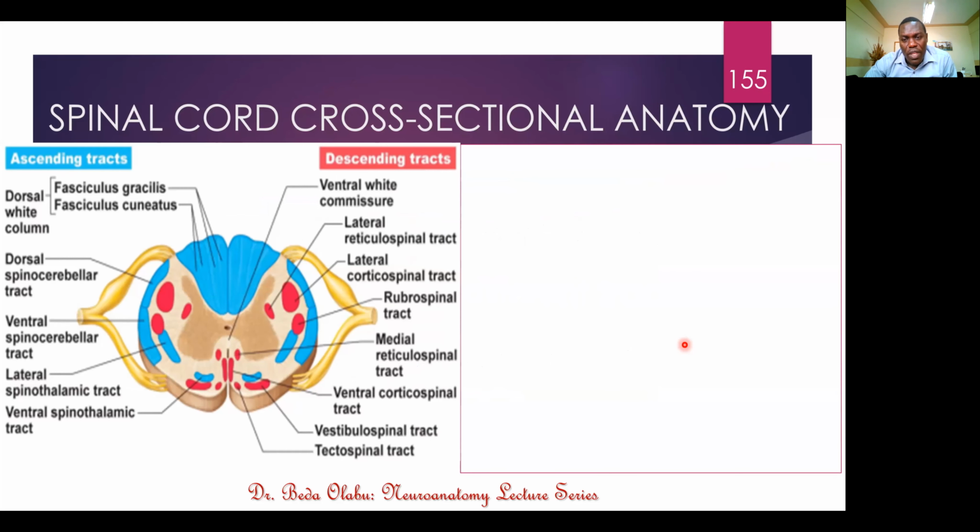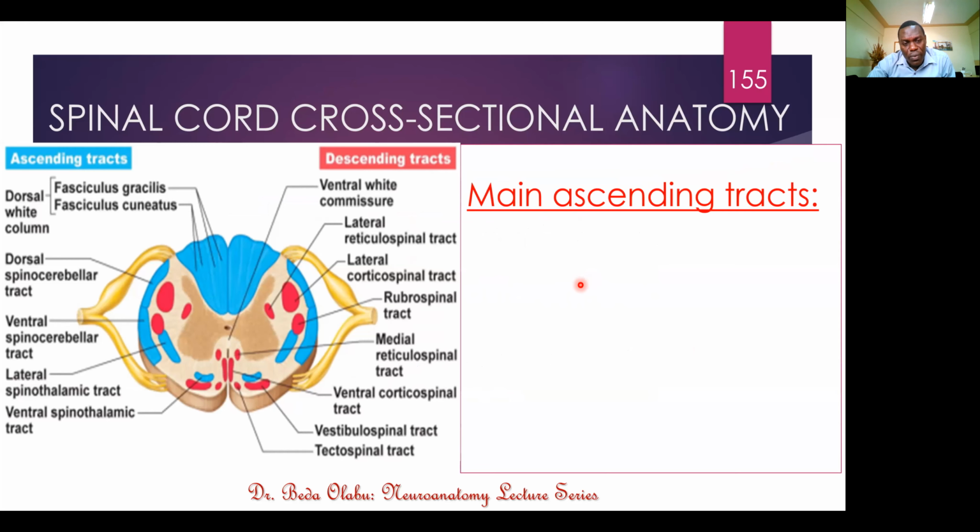So what are some of the main ascending tracts of the spinal cord? There are quite a number, but I'll teach you maybe 3 only. We have those tracts which are found within the dorsal column.